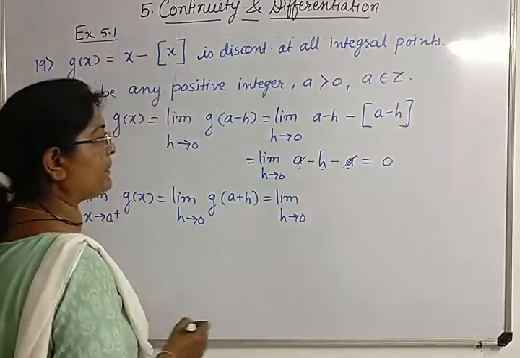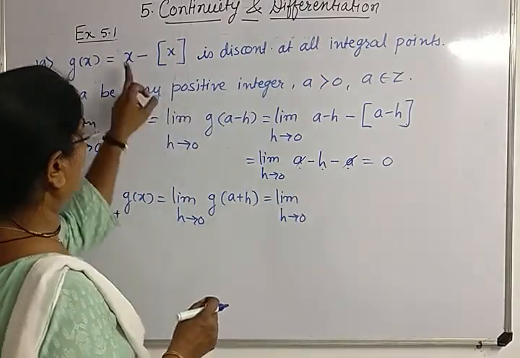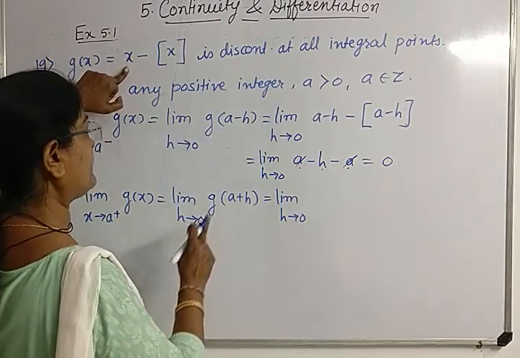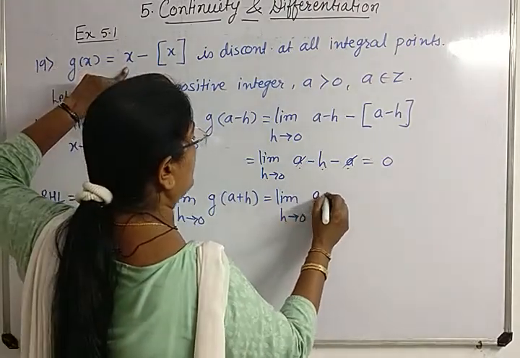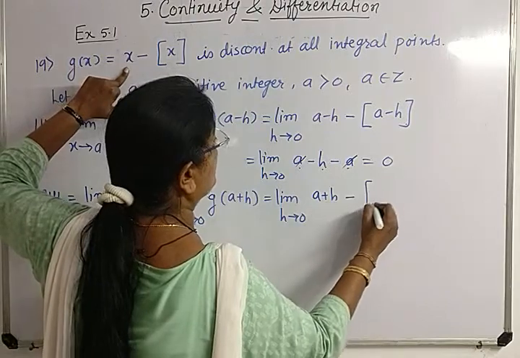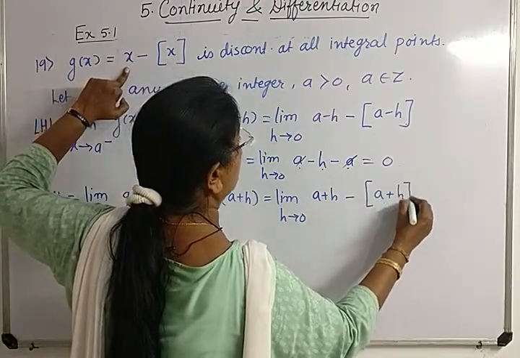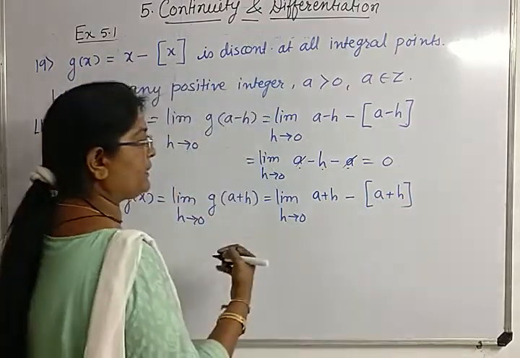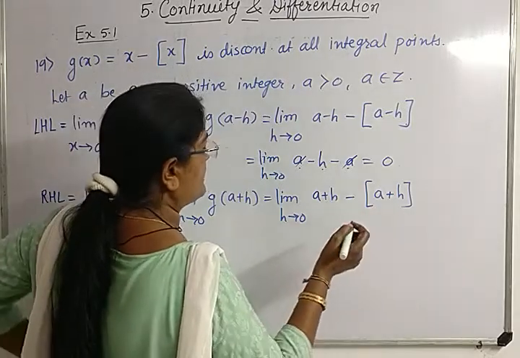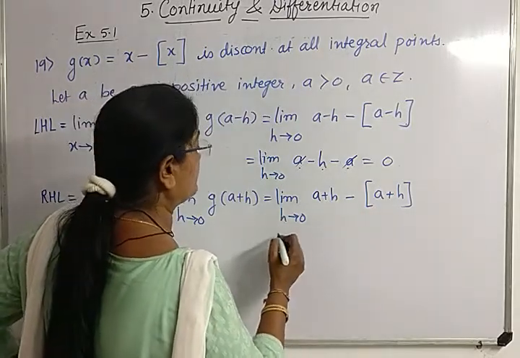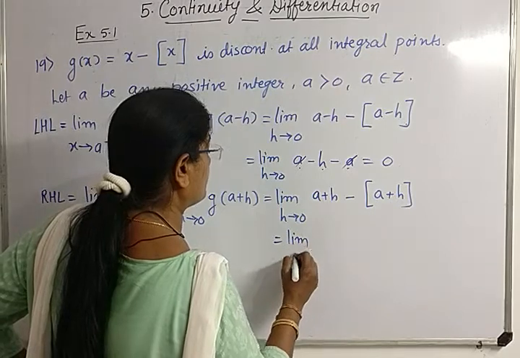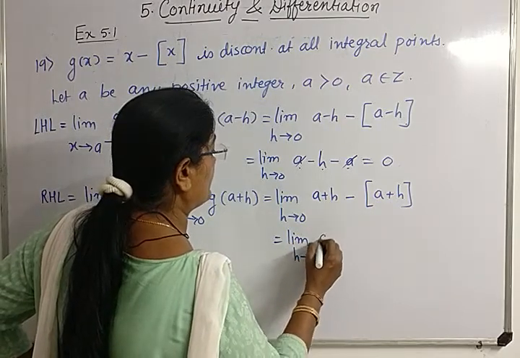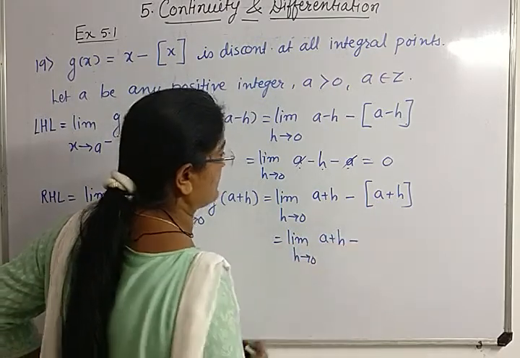Again here we will put the value as a plus h, a plus h minus greatest integer a plus h. Now its answer will be, this equal to limit as h tends to 0, a plus h minus.